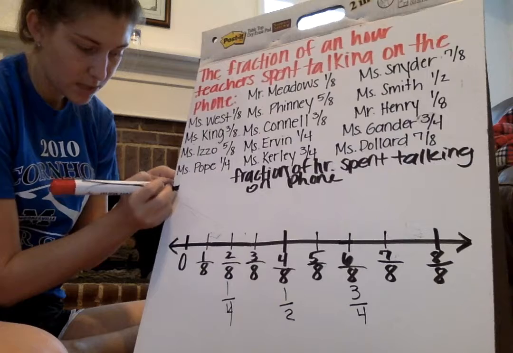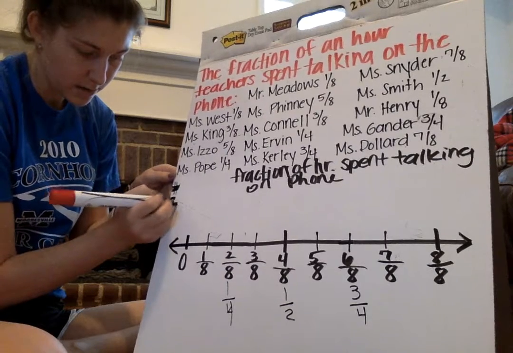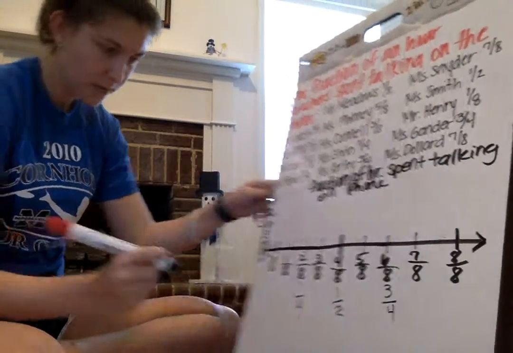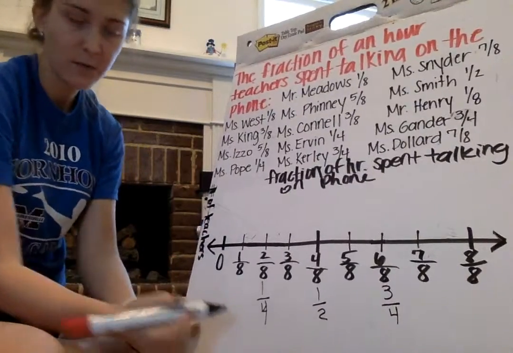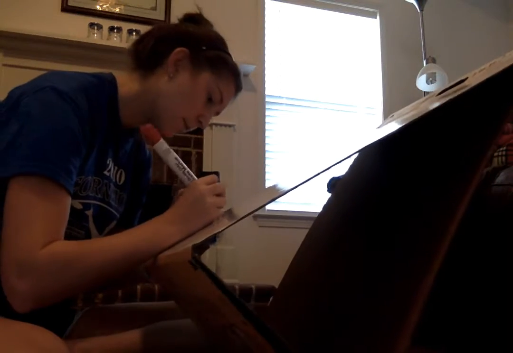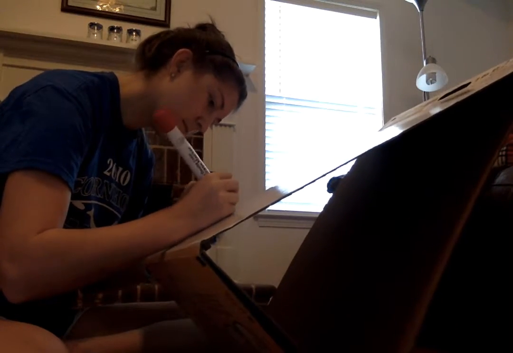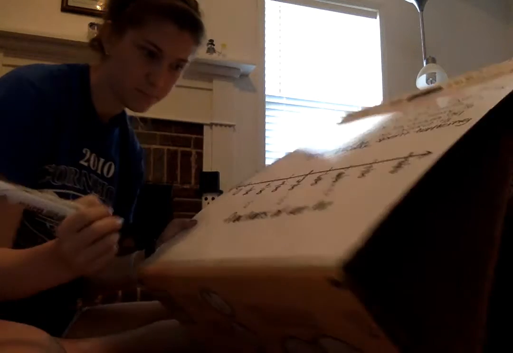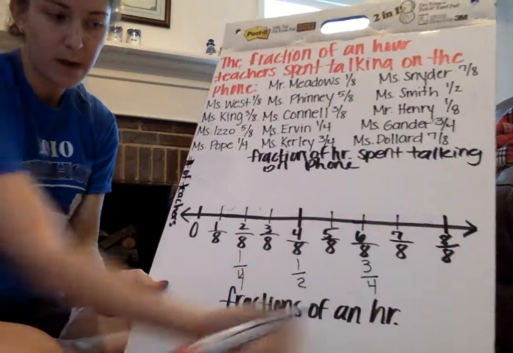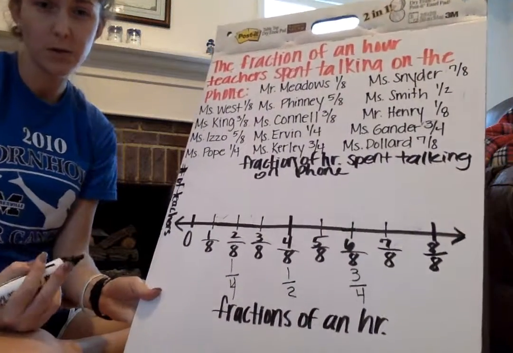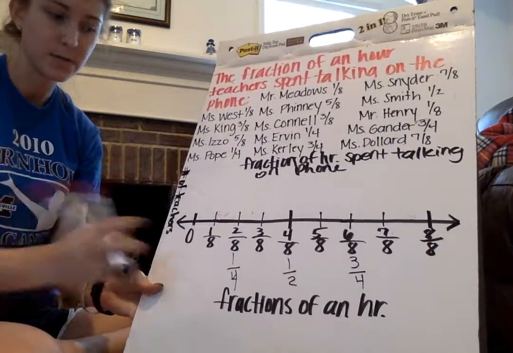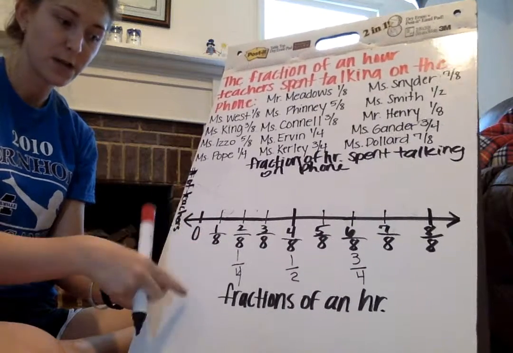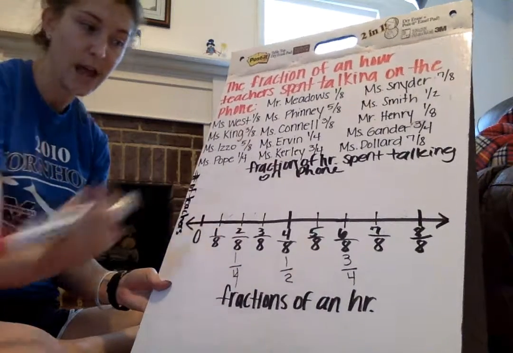Over here, we know that each X is going to represent the number of teachers. So I'm going to make sure and have that labeled. And our numbers down here, our fractional pieces, are going to be fractions of an hour. Without this bottom half down here labeled, we don't know what we're talking about. We don't know what these fractional pieces represent, but because we have our axis labeled, we know that these fractional pieces represent the fractions of an hour.